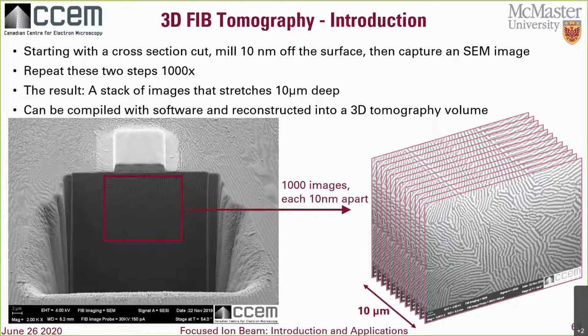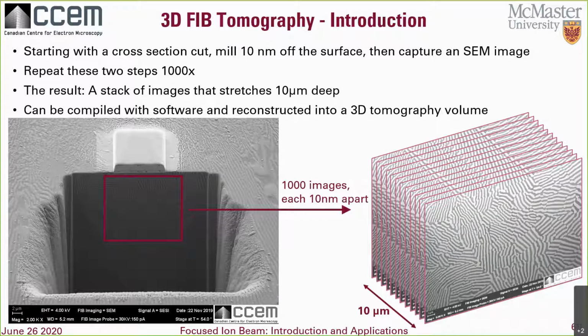What we would get is a stack of images that stretches 10 microns deep, and when compiled together with software, they can be reconstructed into an interactive 3D tomographic volume. This technique overall is 3D FIB tomography, and the FIB-specific portion of it is often referred to as serial sectioning. Some people call it slice and view, but that's just the name of the acquisition software from one of the major FIB brands.